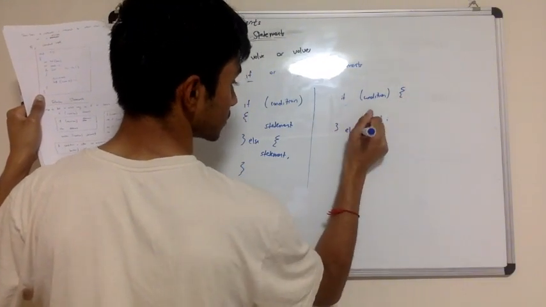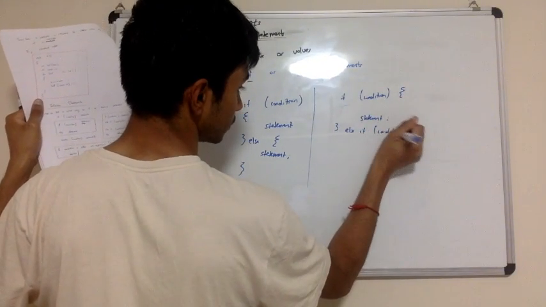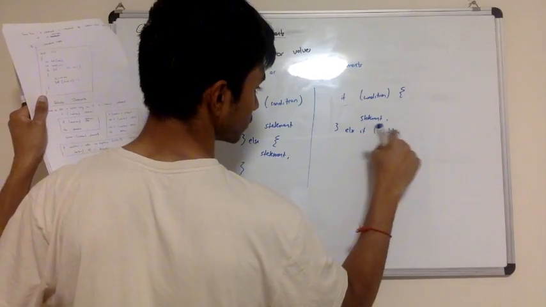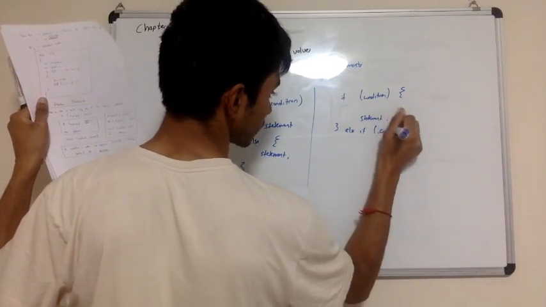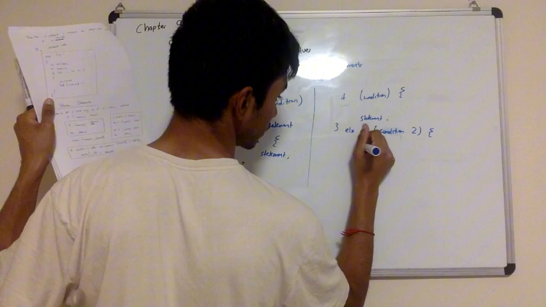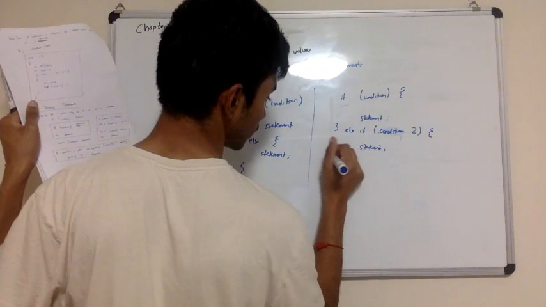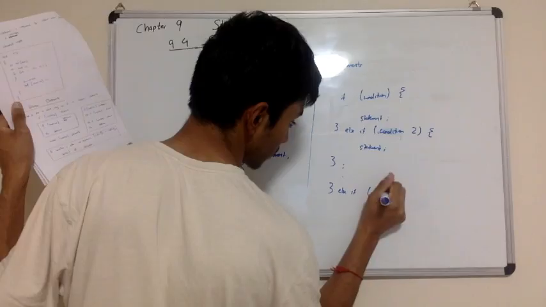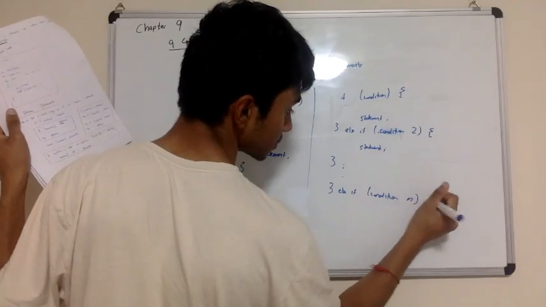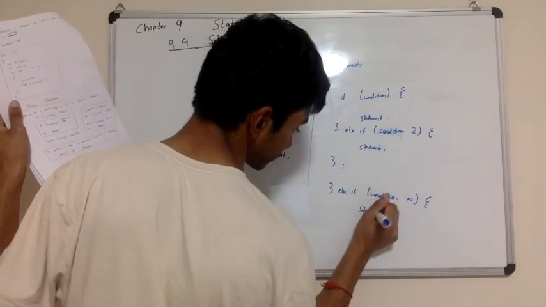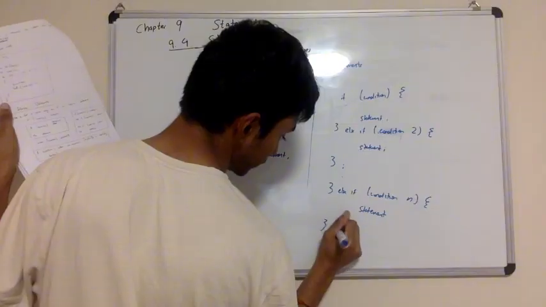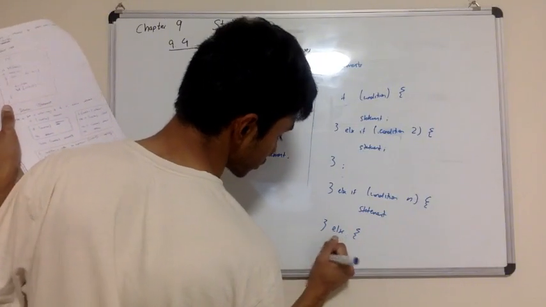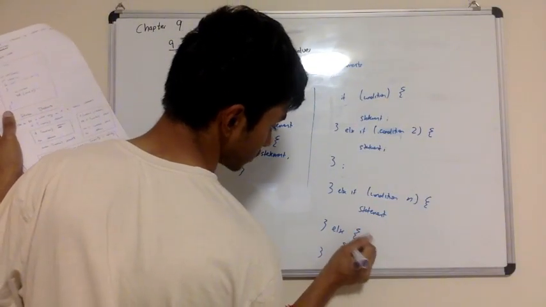Else if some other condition, condition 2, then do some other statement, and so on. We can have as many else ifs as we want. Else if some condition n, we do some other statement. And if you want, again, you can have an else as well, with no condition, just as a fallback statement.